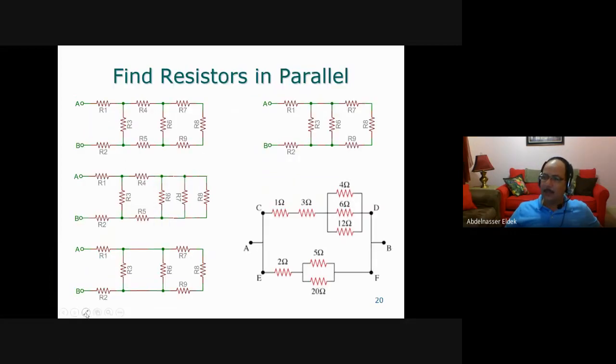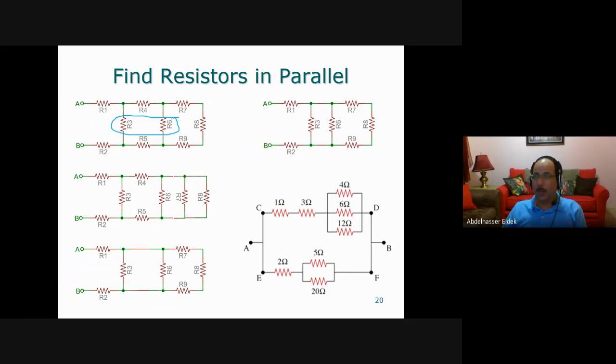So now let us see, do we have any resistors in parallel in this circuit? Let's see. For example, here, do we have any resistors in parallel? Can I say, for example, that R3 and R6 are in parallel?